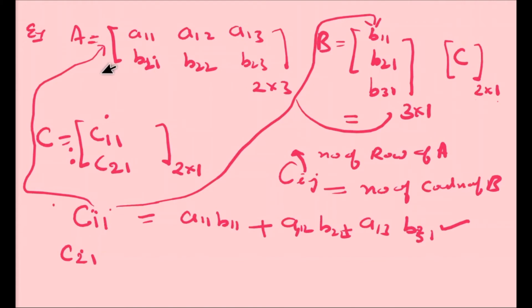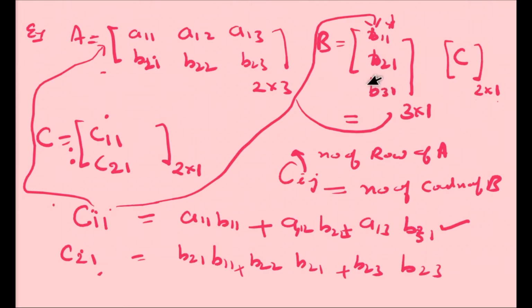Now C21. The 2 refers to the second row of A, that is A21, A22, A23, and this one refers to the first column. So again B11 first number, B21, B31. Let us take a small a here and capital B, so there is no confusion.